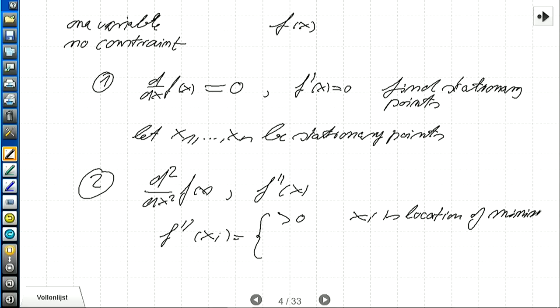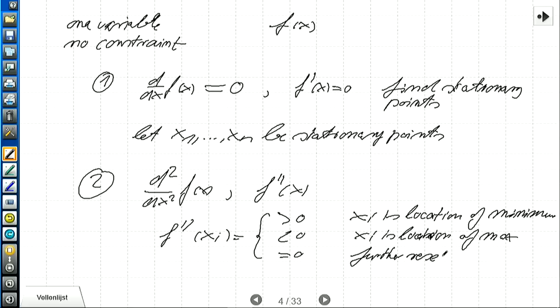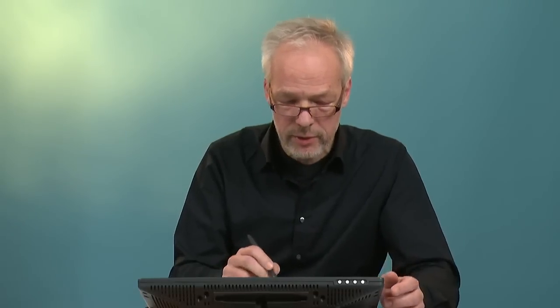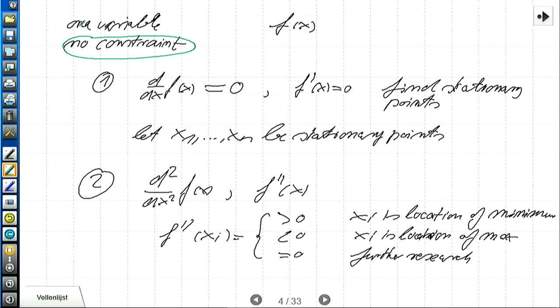You recall that we did the proof why it's a minimum, right? If it's negative, xi is the location of a maximum. And if it's 0, further research. We can't conclude with this information what's going on there, right? That was our algorithm. That's the algorithm if we have no constraints and we have one variable.